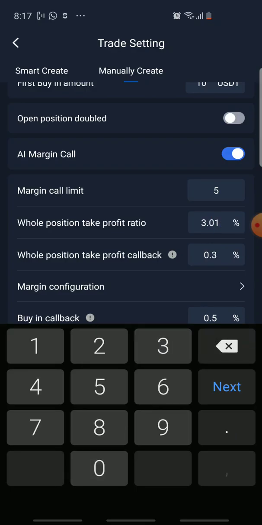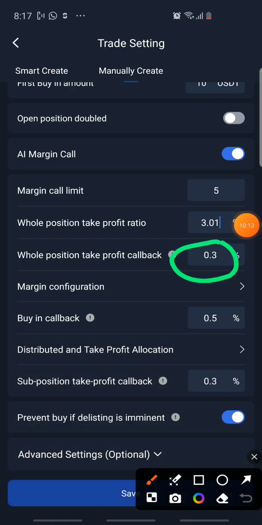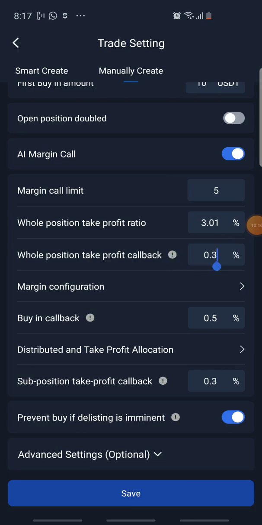In that case, I'm instructing my bot that when the market rises and reaches 3.01, I need my profits. The moment it reaches there, the bot will take off profits. But to take off those profits, it depends on what you had set here. Here there's 0.03, sorry. So I can put 0.01.